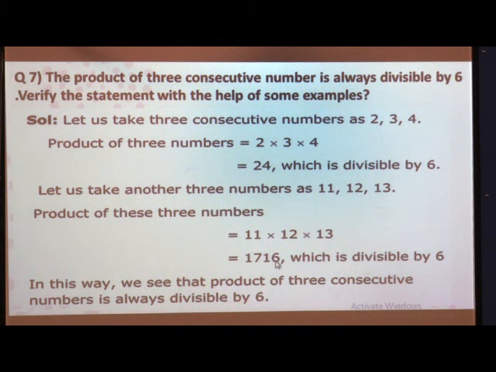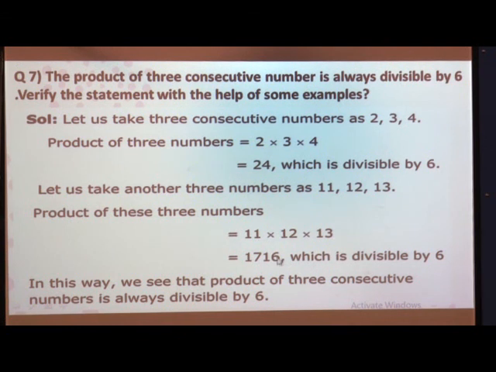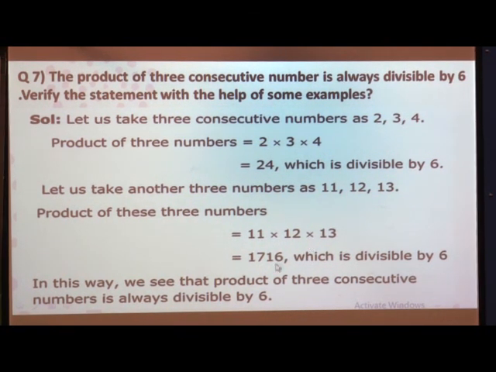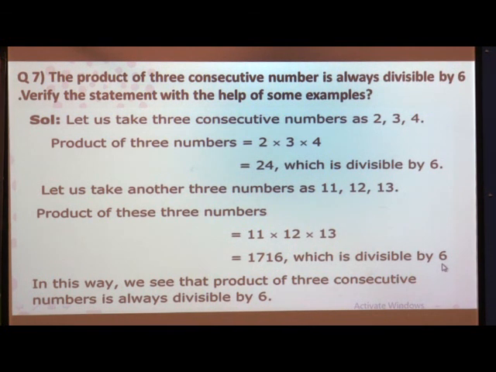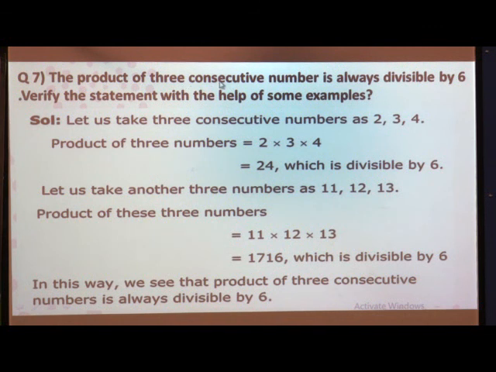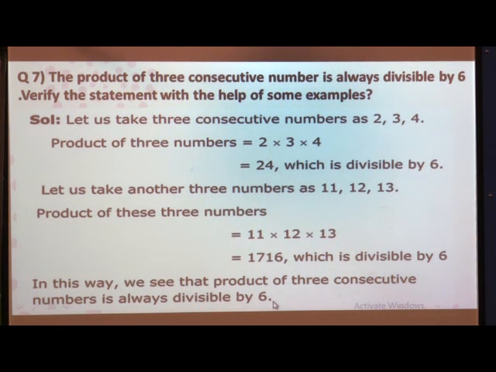Whether 15 is divisible by 3? Yes, 3 5s are 15. So the number 1716 is divisible by 2 as well as 3. So this number is divisible by 6. In this way we have found that the product of any 3 consecutive numbers is always divisible by 6.